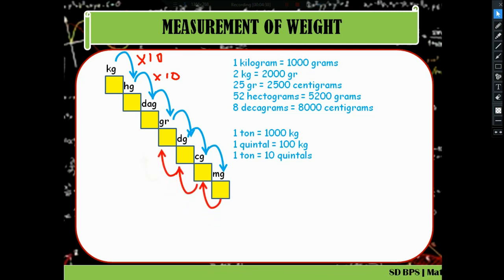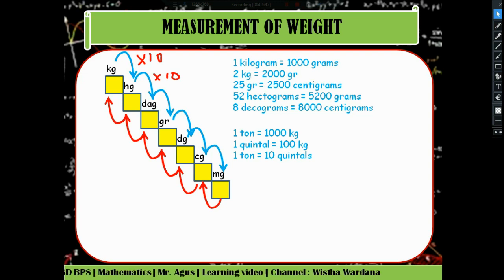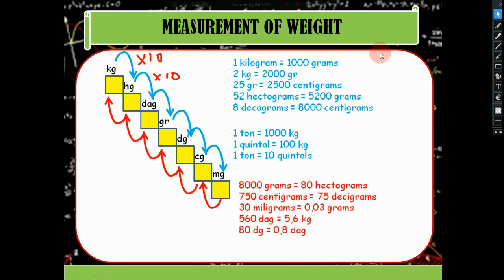Okay, if we want to convert the measurement of weight from milligram, for example, to the centigram, decigram, or gram, you have to move up 1 step and divide it by 10. Similar to measurement of the length. So if you want to move 1 step, you have to divide it by 10.